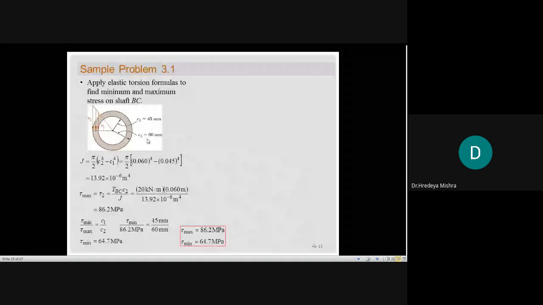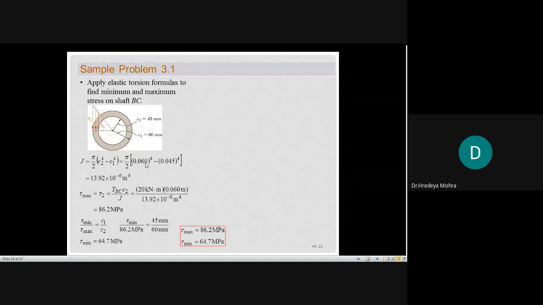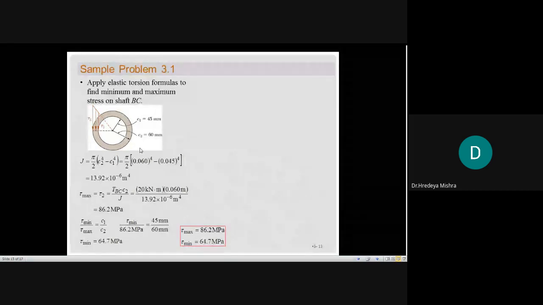This value is given in mm, so we convert it to meters: 0.06 to the power 4 minus 0.045 to the power 4. If you calculate, we get 13.92 into 10 to the power minus 6 meter to the power 4. This is the polar moment of inertia here.